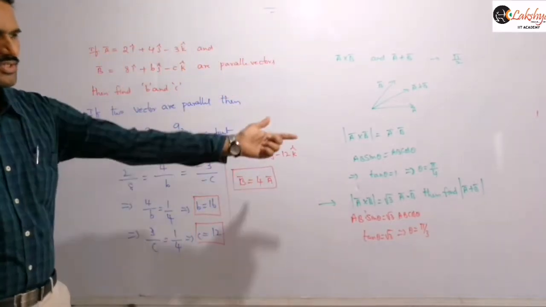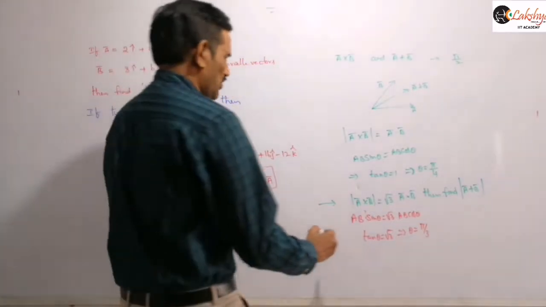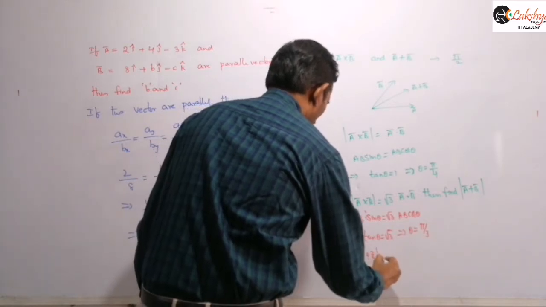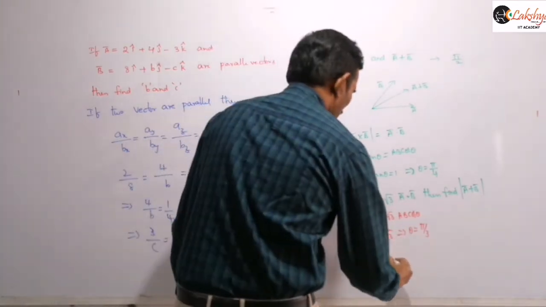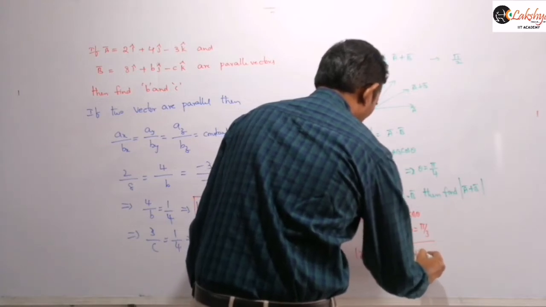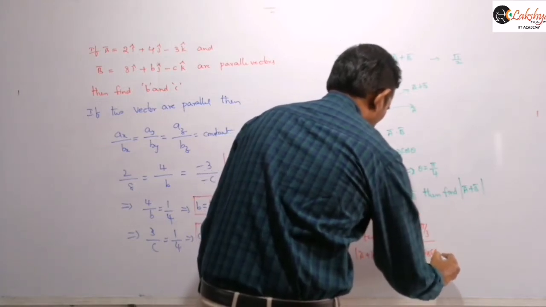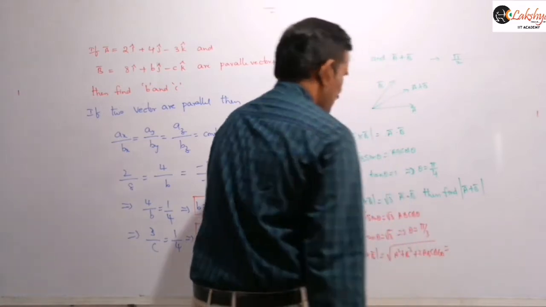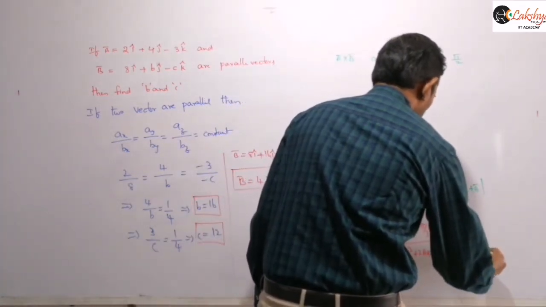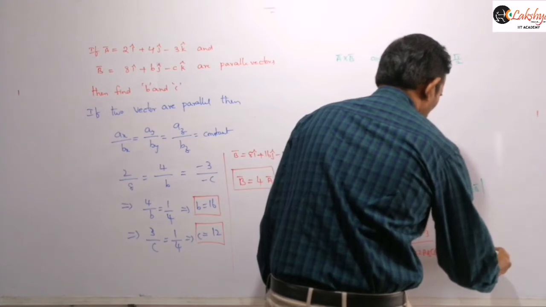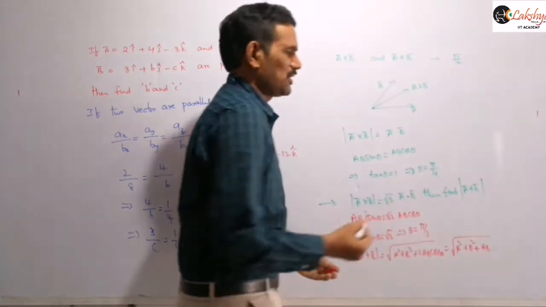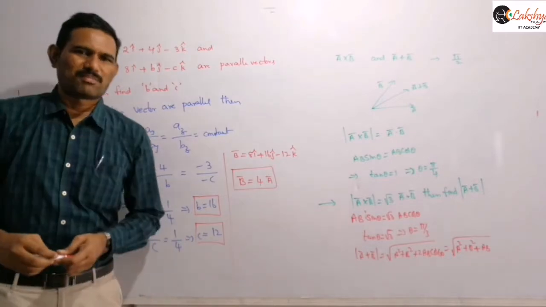If theta is 60 degrees, then you can find the mod of A bar plus B bar. That is the under root of A square plus B square plus 2AB cos 60, which I can write as under root of A square plus B square plus AB. That is the mod of A bar plus B bar.